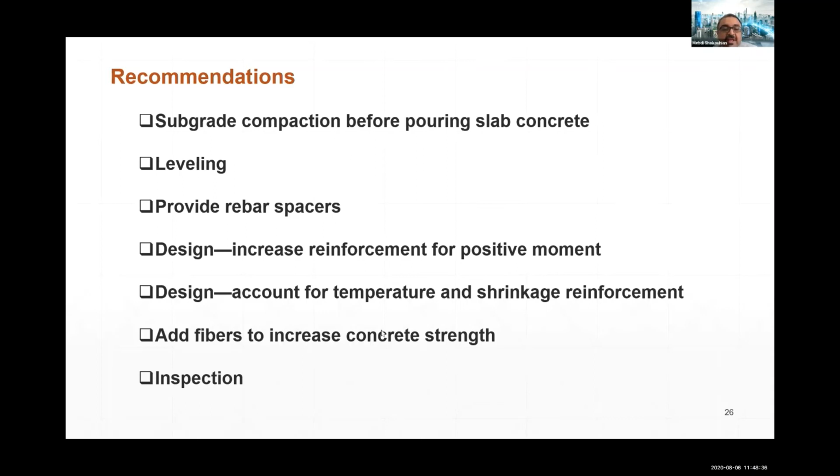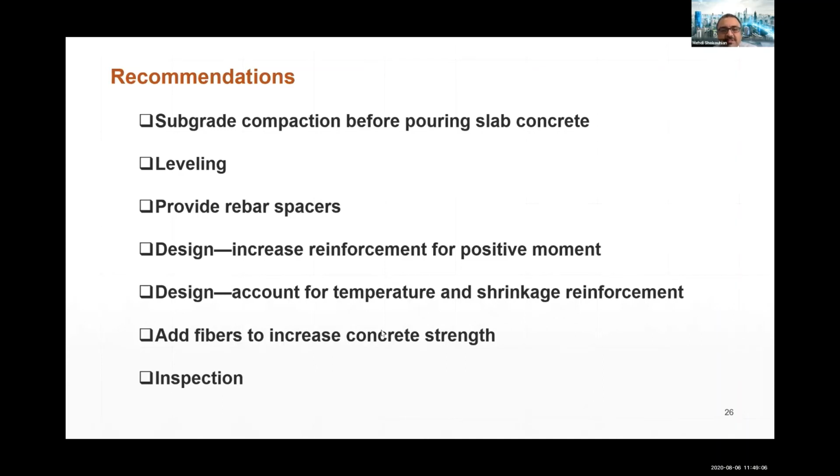Another solution and recommendation is adding fibers, steel fibers or glass fibers or polymer fibers, which can help to increase the flexural strength, because most of these failures that we found in the concrete bus pad, based on the surface cracks they had, were because of the moment.